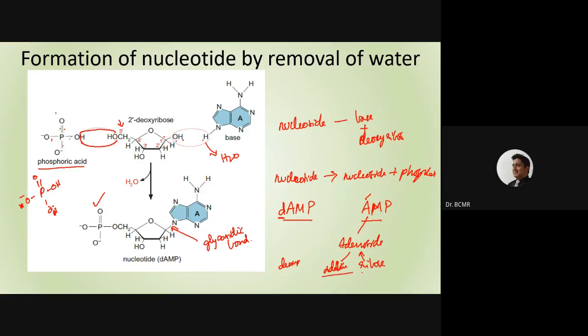So adenine plus ribose will give you adenosine. Adenosine plus monophosphate, that is AMP. dAMP would indicate deoxyadenosine monophosphate. These are subunits of DNA, whereas AMP would be a subunit of RNA.